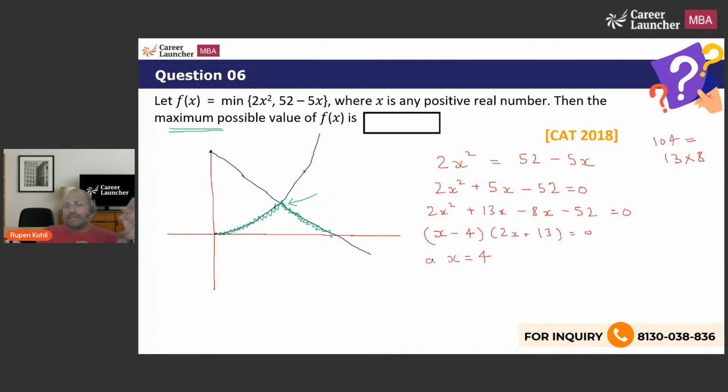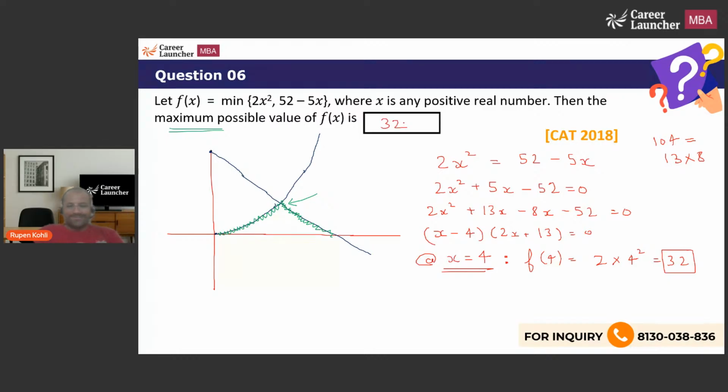So at x equal to 4, the maximum value is obtained, and that maximum value is f of 4, which is simply the value of the function at either of them. Choose any of them, it's the same value. 2x square, 2 into 16, 32, right? Or 52 minus 5 into 4, 52 minus 20, that is also 32.